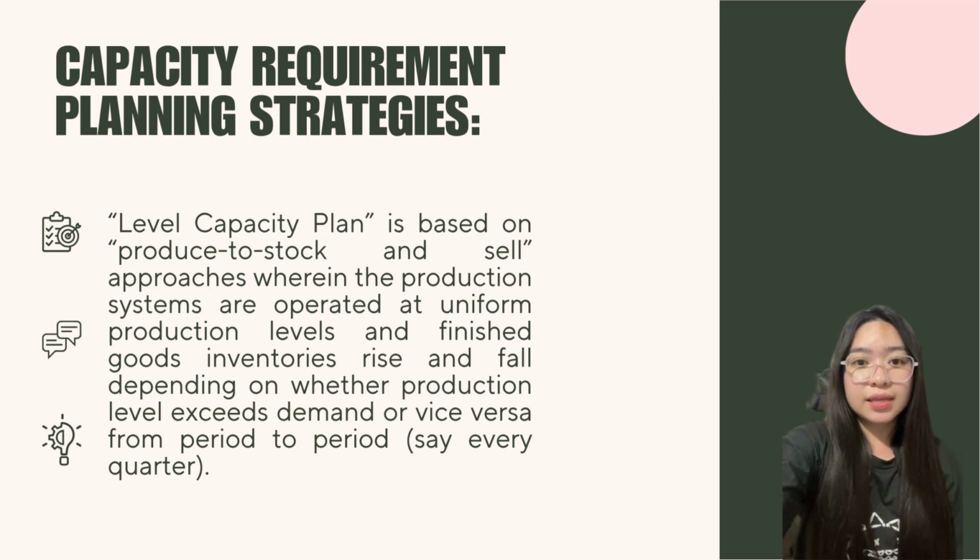So think of it like this. You bake 100 cookies every week, no matter how many are ordered. So if demand is low, the extra cookies go to storage. And if demand is high, you sell whatever you have and hope it's enough. Some of its advantages is that it's a simple and stable system. There's no need to change the schedule or hire or fire workers.